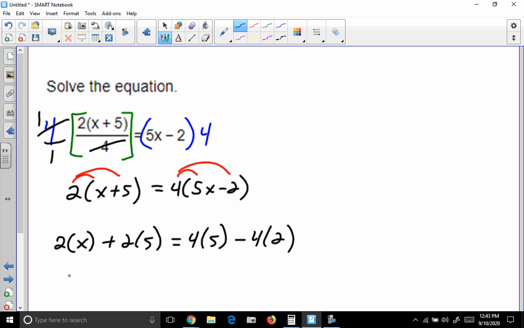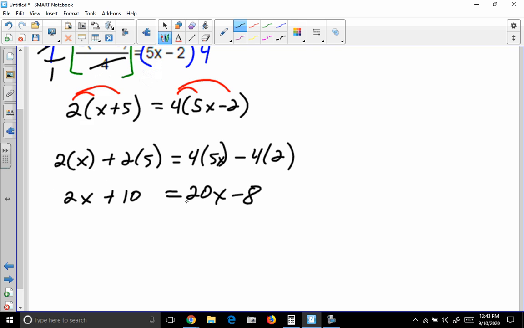So 2 times x is 2x. 2 times 5 is 10. 4 times 5x is 20x. 4 times 2 is 8. Some people get confused here on why the negative is here, not here. It doesn't really matter. Just keep in mind that we're doing a positive times a negative, so it's going to be negative. And 4 times 2 is 8.